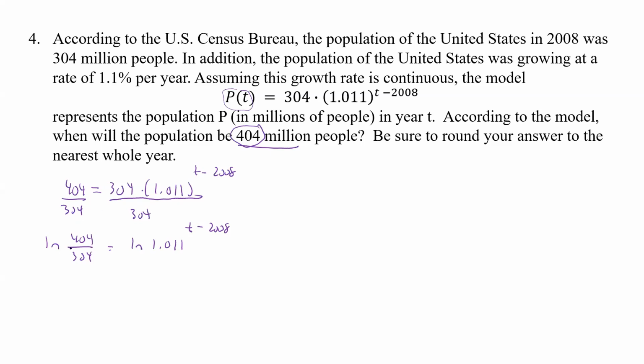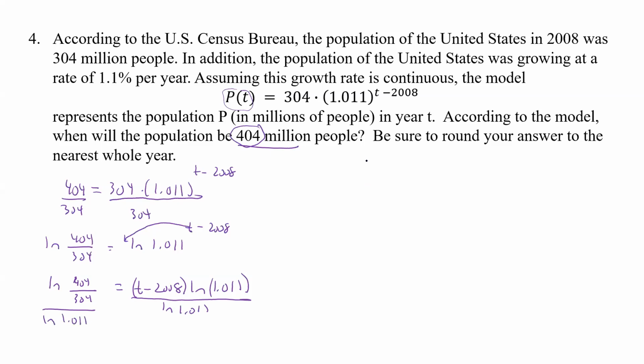Okay. Now when I do that, that means this can come down front, and I get ln of 404 over 304, and that is equal to t minus 2008, and then that's times ln of 1.011. Okay. Now we have to divide by that ln. So we're going to divide all that by ln of 1.011.